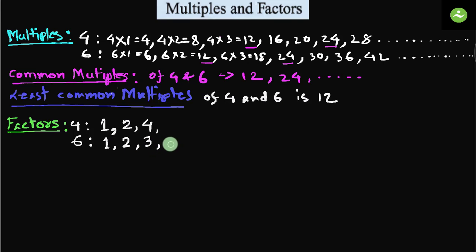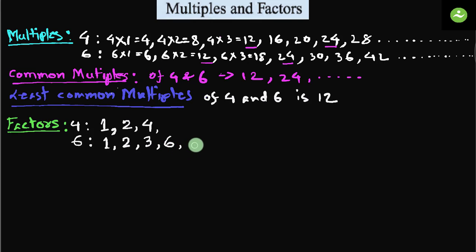Is 4 a factor of 6? No. If we divide 6 by 4, there is a remainder. So 4 is not a factor. 5, no, 5 is not a factor. 6, yes, 6 is a factor because if we divide 6 by 6, there is no remainder.